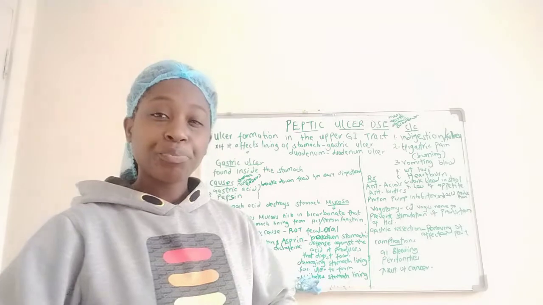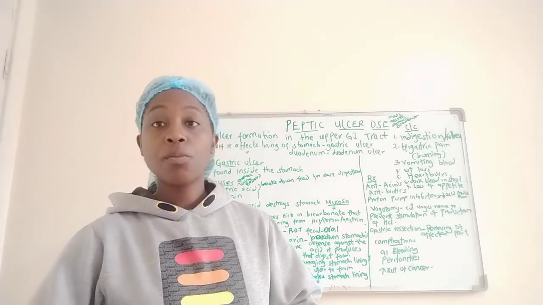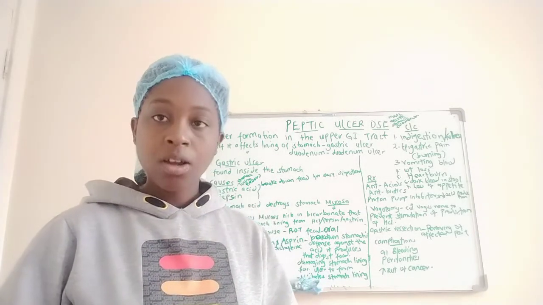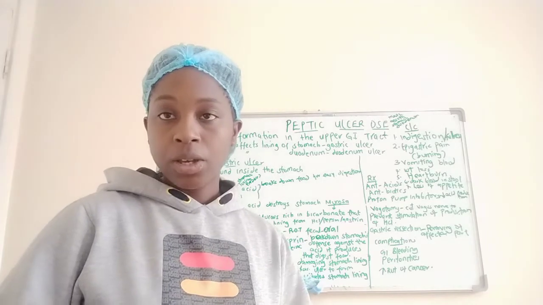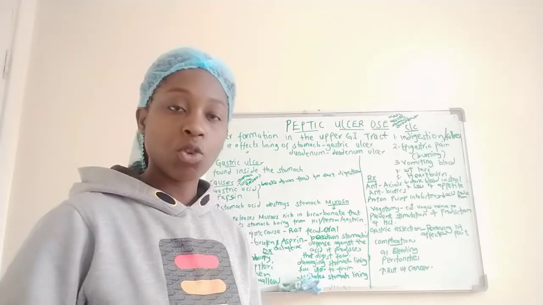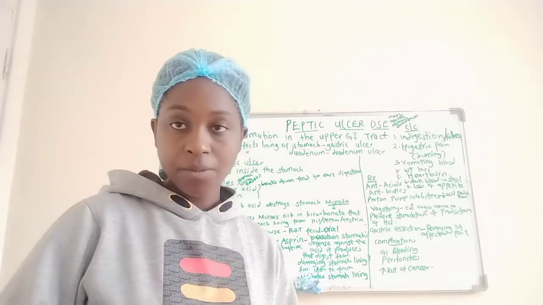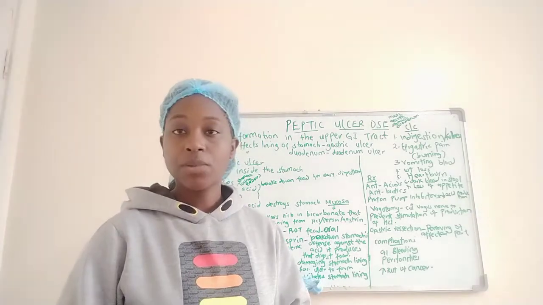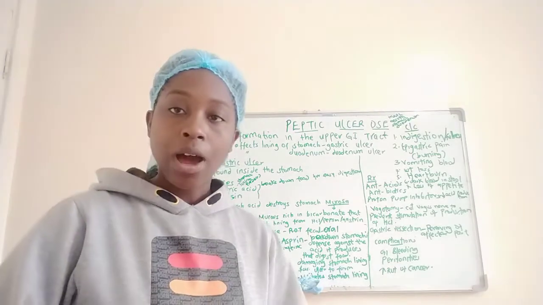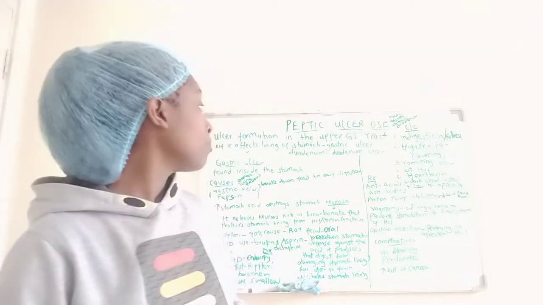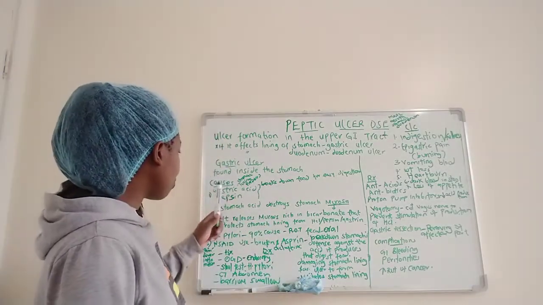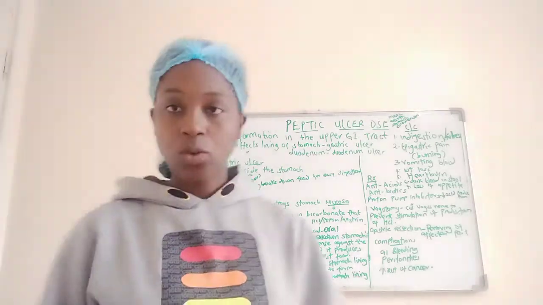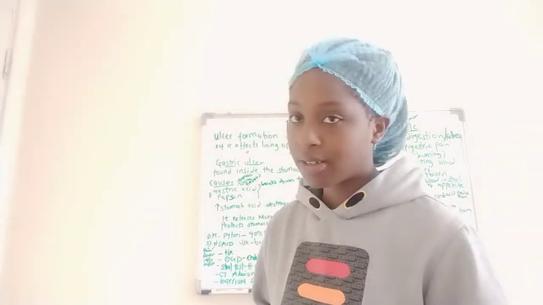So, a peptic ulcer can form either in the stomach or in the duodenum. An ulcer that forms in the stomach is called a gastric ulcer or a stomach ulcer, and the one that forms in the duodenum is called a duodenal ulcer.